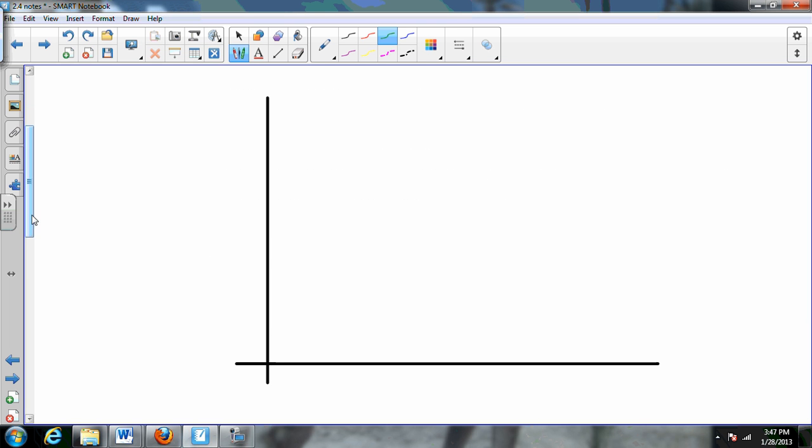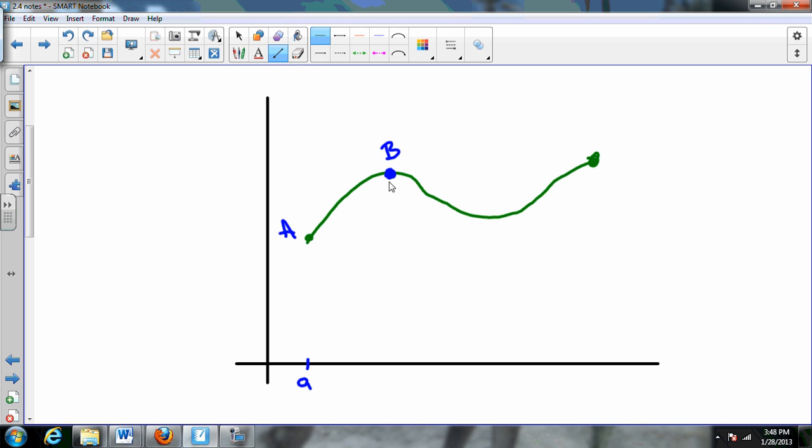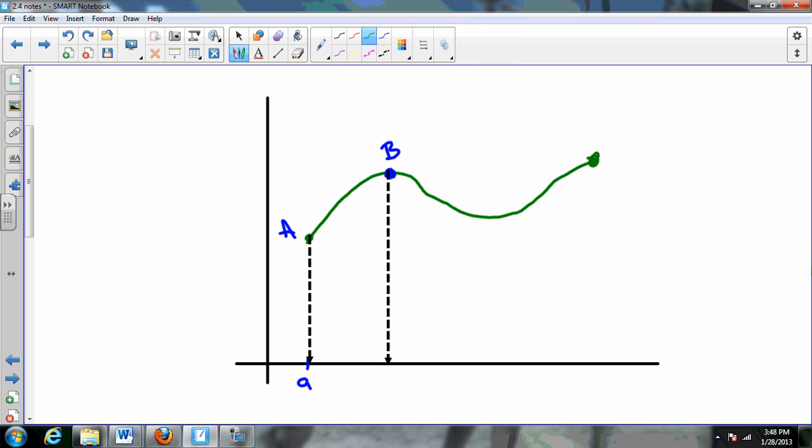So if we have our coordinate plane, where we have certain points where it turns, our first point is point A, and then we look along the graph until we see it starts to turn, and the peak is right here at point B. So from A to B, it's increasing.